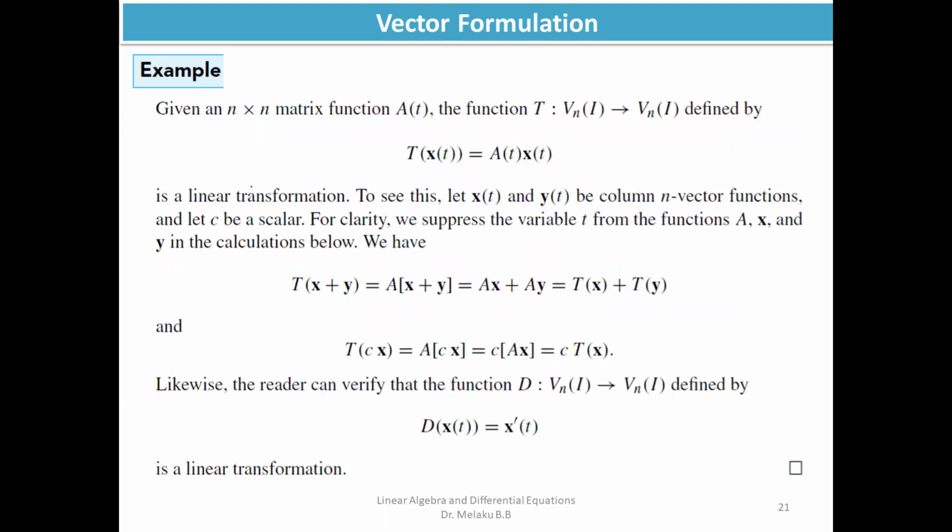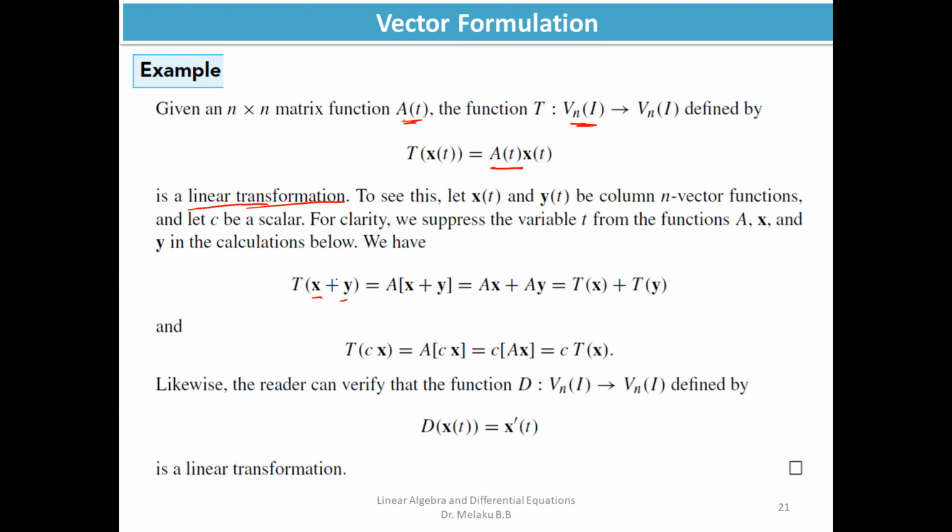Lastly, what you have to see is this: given an n by n matrix A(t) of functions, the function T from V_n(I) to V_n(I) defined by T(x) equal to the product A(t) times x is simply a linear transformation. And of course it is defined on the vector space V_n(I). The proof is easier if we take two column n-vectors x and y.